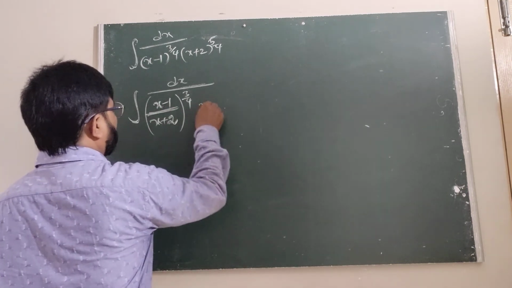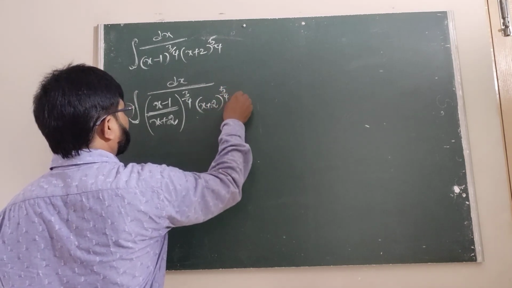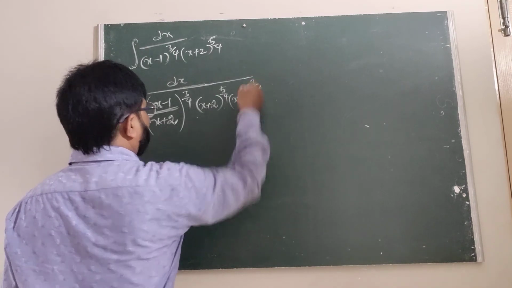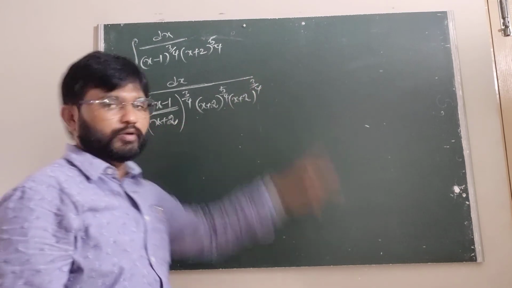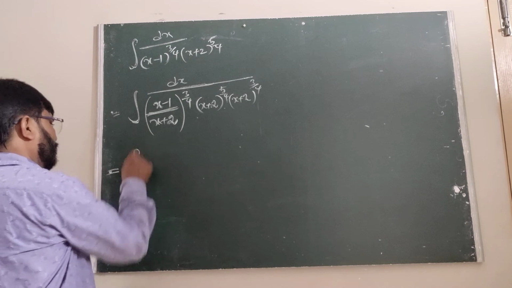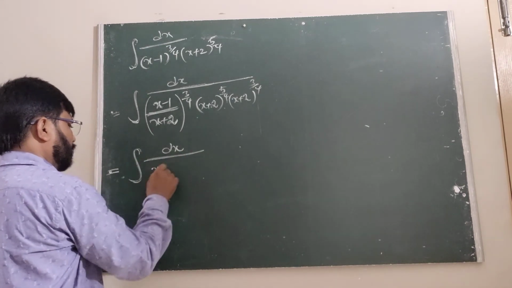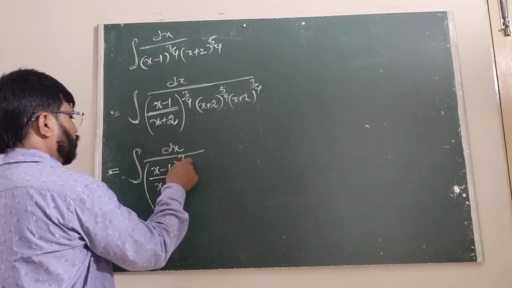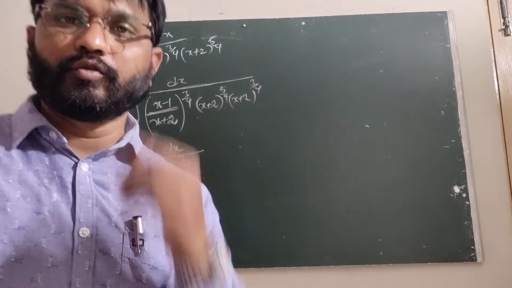Now this is x plus 2 whole power 5 by 4, and x plus 2 whole power 3 by 4. Is it clear how to write this? Therefore, now this is the integral dx upon (x minus 1 upon x plus 2) whole power 3 by 4 into x plus 2 to the power 5 plus 3, which is 8, 8 by 4 is 2.